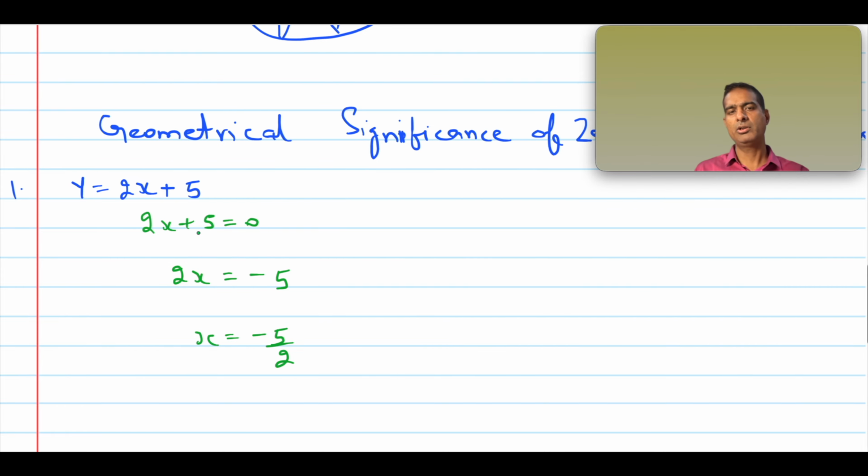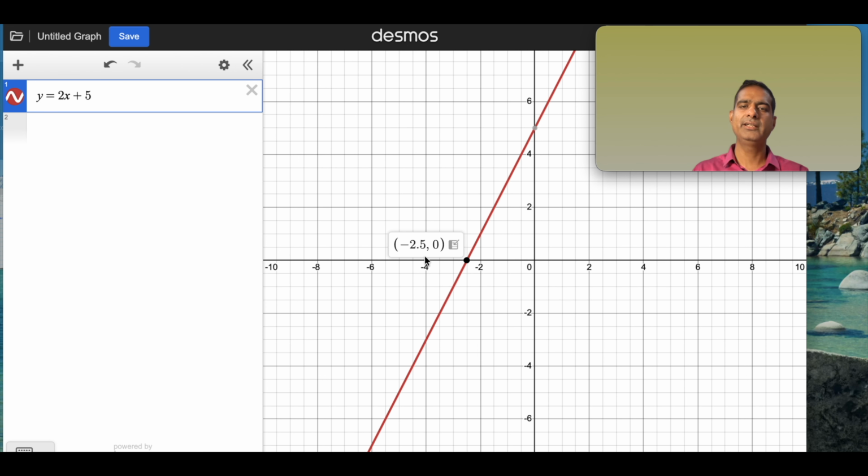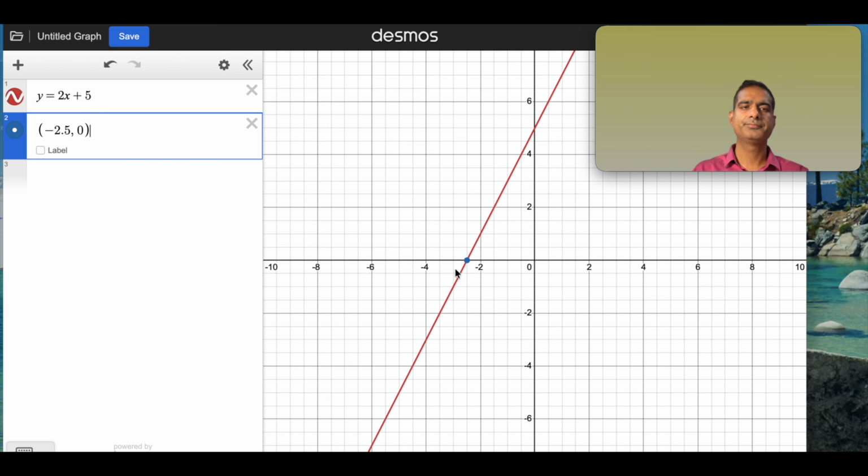Now to see what is the geometrical significance of this value minus 5 by 2, let us try to draw the graph of y is equal to 2x plus 5. So if I put the equation y is equal to 2x plus 5 here, so this is the graph of y is equal to 2x plus 5, and if we check at what point it is crossing x-axis, we can see it is crossing x-axis at negative 2.5, 0.